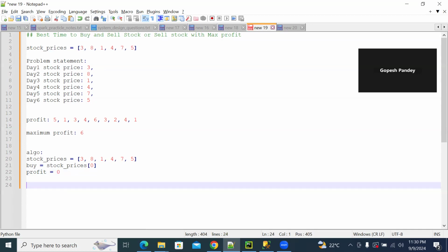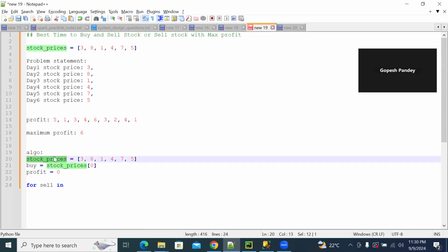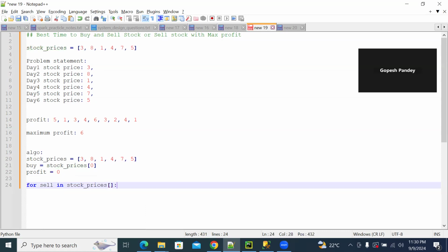Now what you need to do is iterate one loop where you call for sell in stock price. One thing to note here, guys: since the first element you have taken as buy, just leave that first element, which is the zeroth index. All your selling prices will start from index 1.